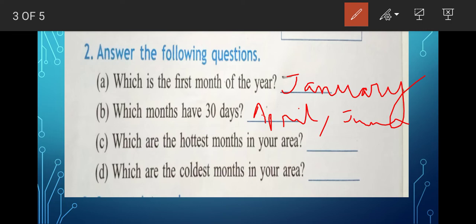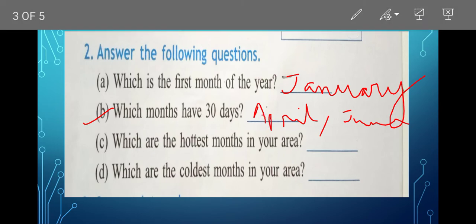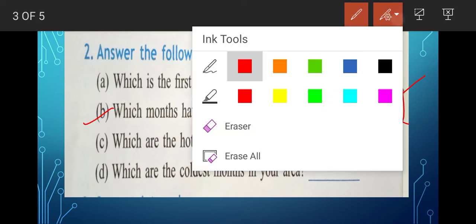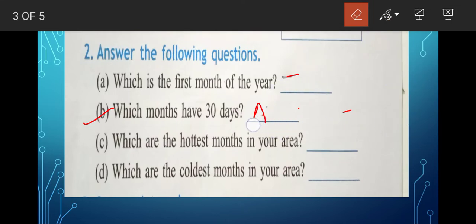So once more I repeat, which months have 30 days: April, June, August, September and November. Children, once again, let me tell which months have 30 days. April, write down.